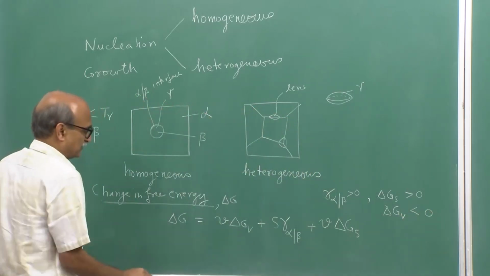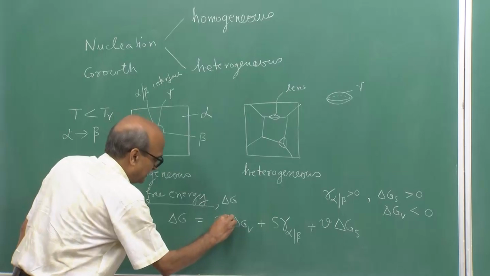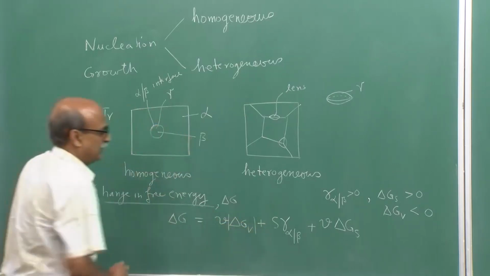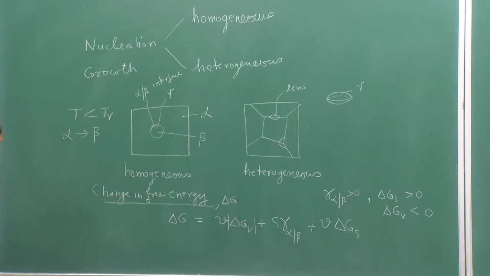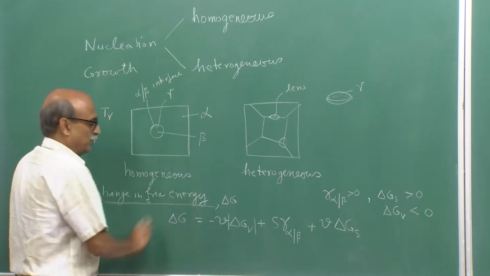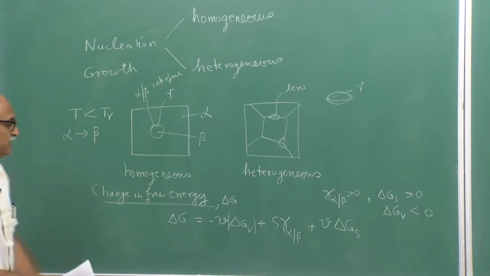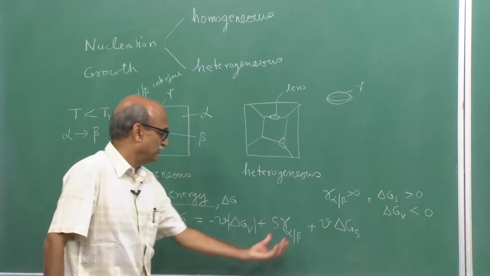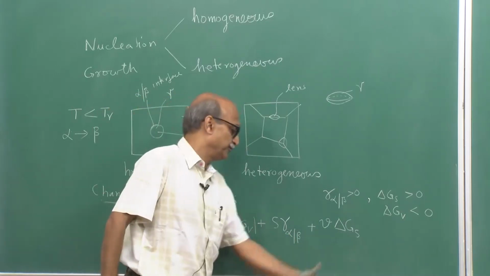Let me write this slightly differently. Let me take the positive or the absolute value of delta GV and put a negative sign to make things very clear that this is a negative term while these two terms are positive.